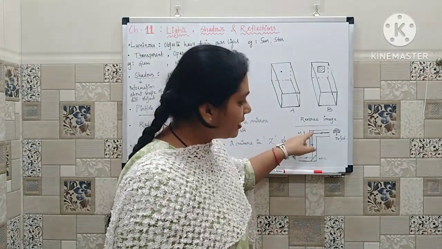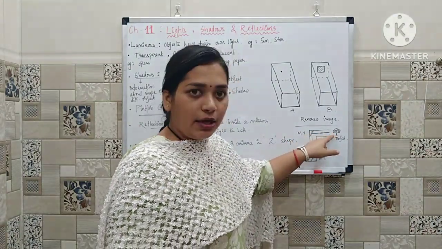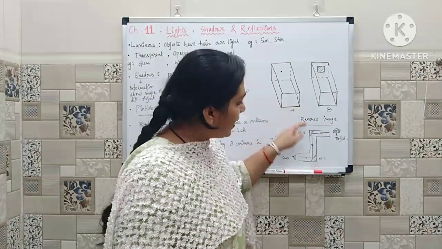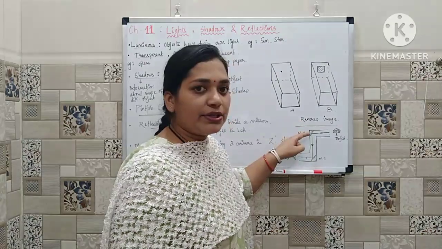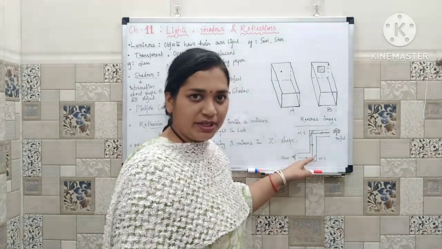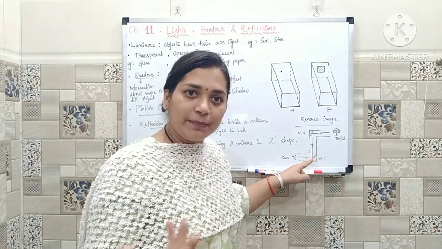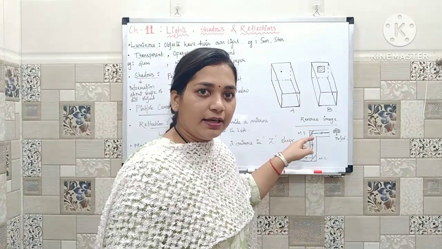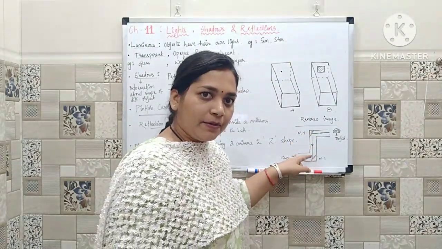So whatever image is shown here by reflection, here is the object, by reflection you are getting this image here. Whatever image you get inside this mirror, the same image you will get in this mirror, because the work of a mirror is to show the reflection only.